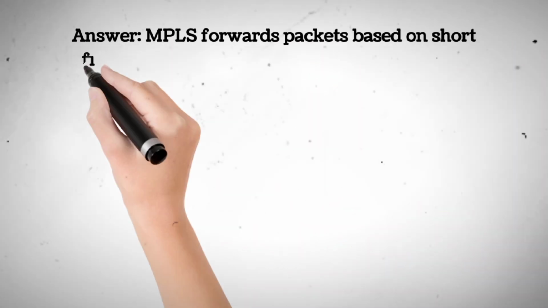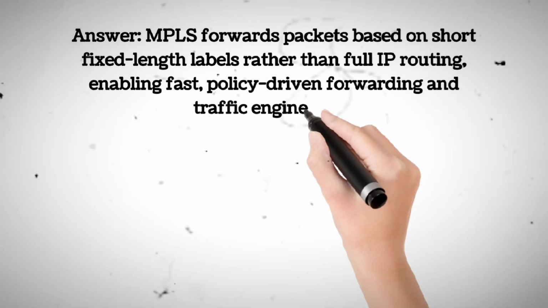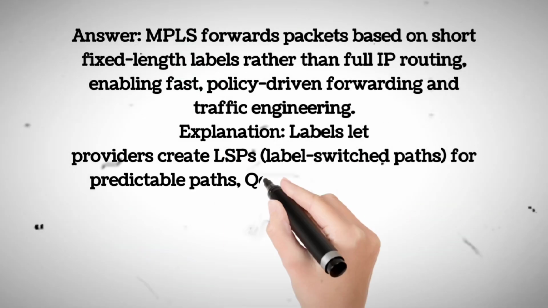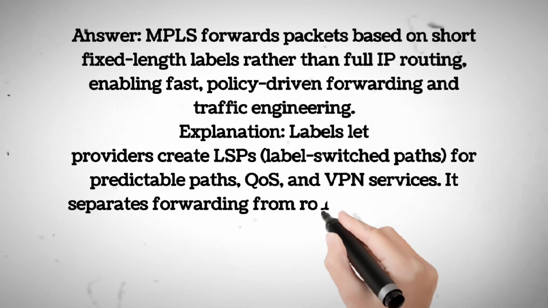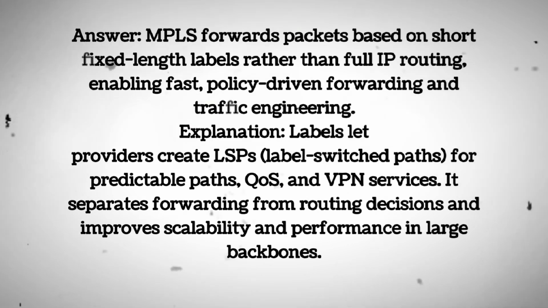MPLS forwards packets based on short fixed-length labels rather than full IP routing, enabling fast, policy-driven forwarding and traffic engineering. Explanation. Labels let providers create LSPs, label-switched paths, for predictable paths, QoS, and VPN services. It separates forwarding from routing decisions and improves scalability and performance in large backbones.